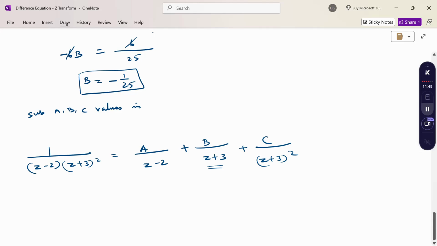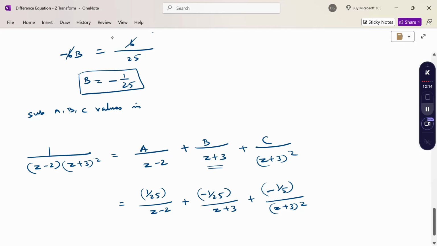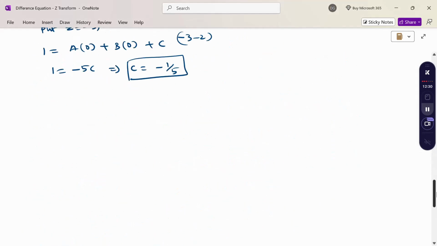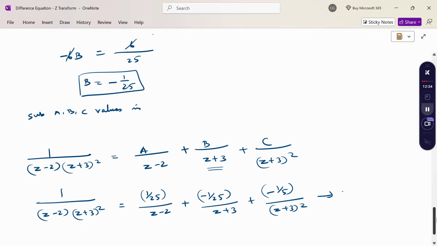Now this is equation number 4. Substitute this; this is 5. Substitute 5 in equation number 3.